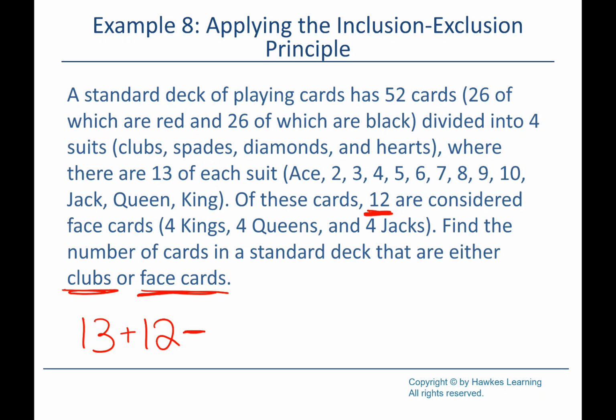But then that number is not going to be quite right. We have to make an adjustment. We have to subtract the cards that are both, so we have to subtract the face cards that are clubs. So we'll have a king of clubs, queen of clubs, and a jack of clubs. So we've got to subtract 3.